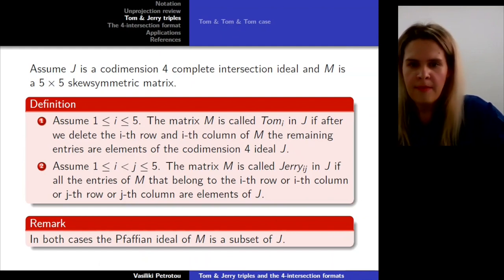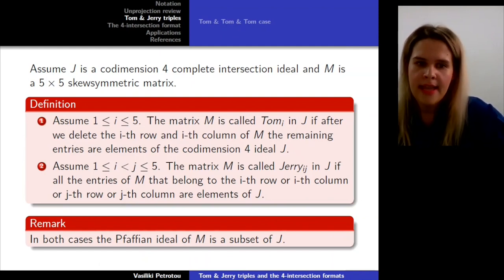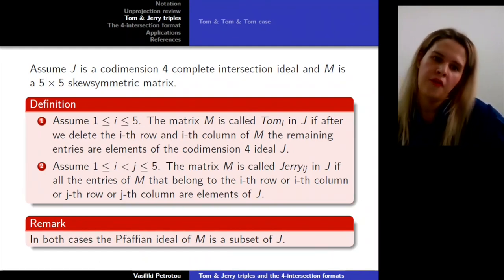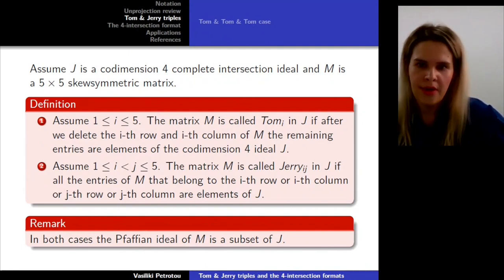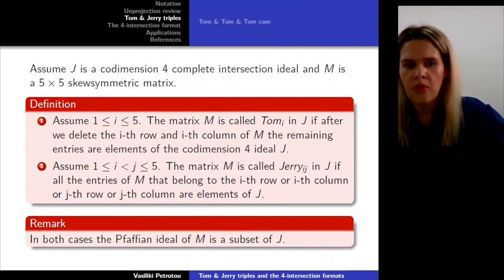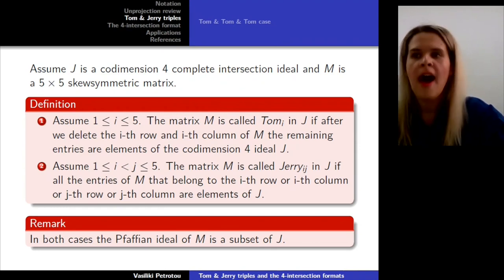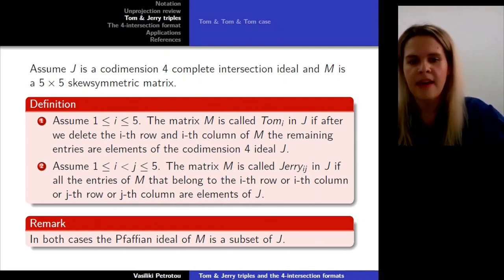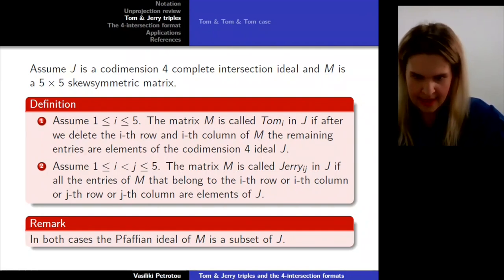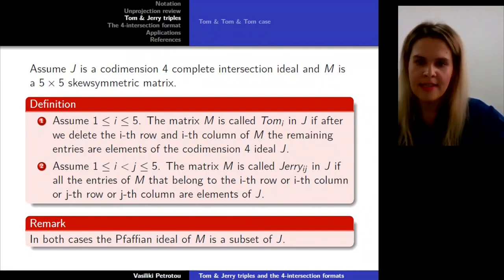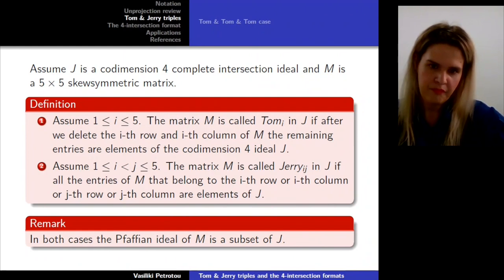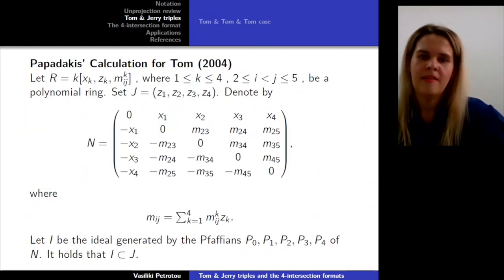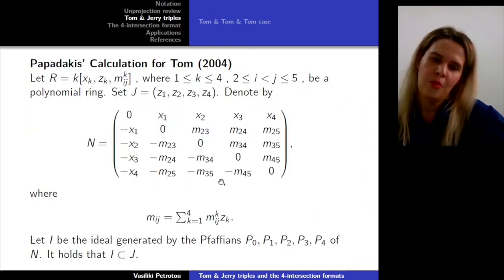In a similar way, the matrix M is called Jerry_ij if all the entries of M that belong to the ith row or ith column or jth row or jth column are elements of J. If we set these conditions on the entries of M and after that compute the Pfaffian ideal, we will see that the Pfaffian ideal is contained in the ideal J. Let's return to this Tom_1 matrix.